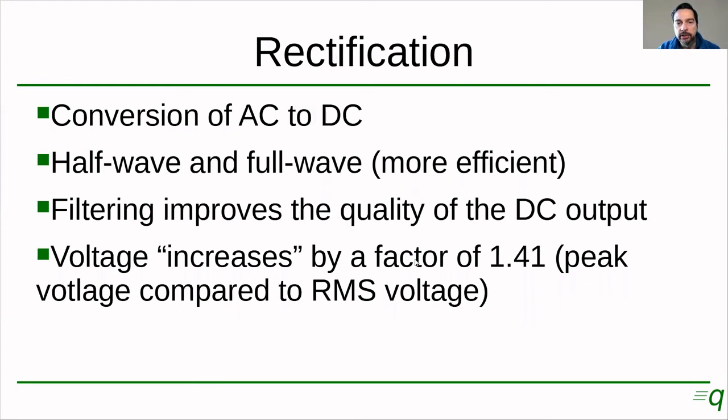Then we saw how filtering, or adding a capacitor, can improve the quality of the DC output, make it smoother and closer to a true DC output. And then we studied the relationship between RMS voltage and peak voltage. And that produces an increase of the rectified voltage by a factor of 1.41. But remember, you are going to be losing some voltage on the diodes.